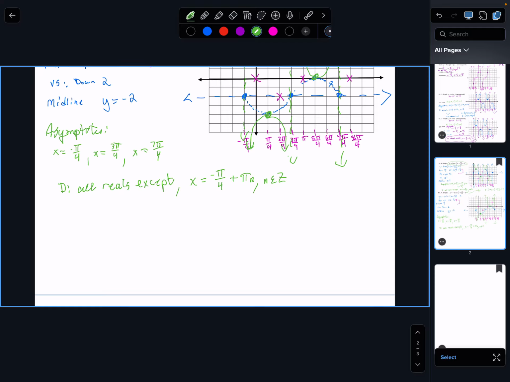And that's your domain. That will get you skipping all the asymptotes. Again, this value is half your period. And this is any asymptote value.